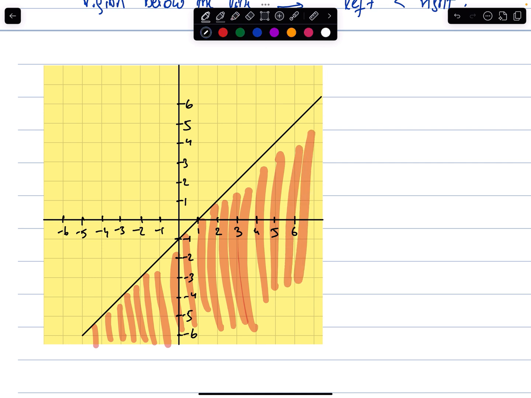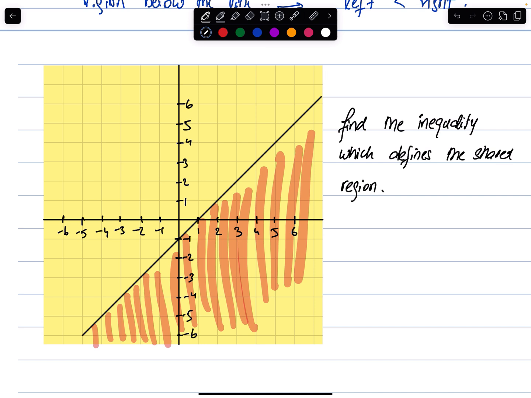And I simply write, find the inequality which defines the shaded region.